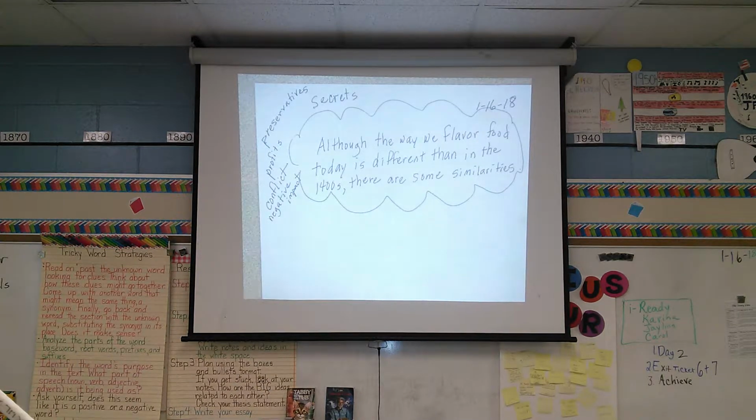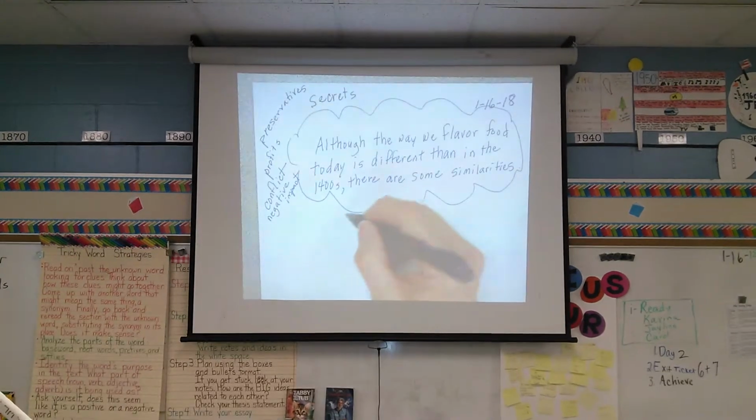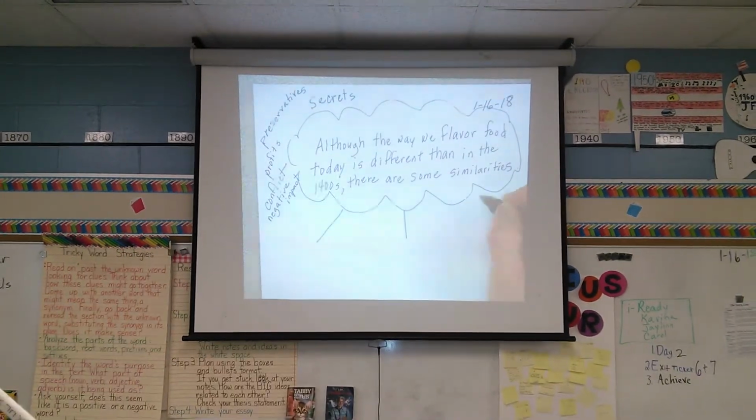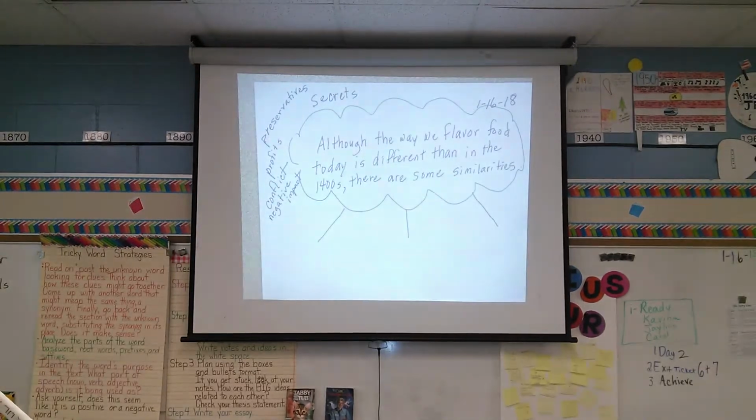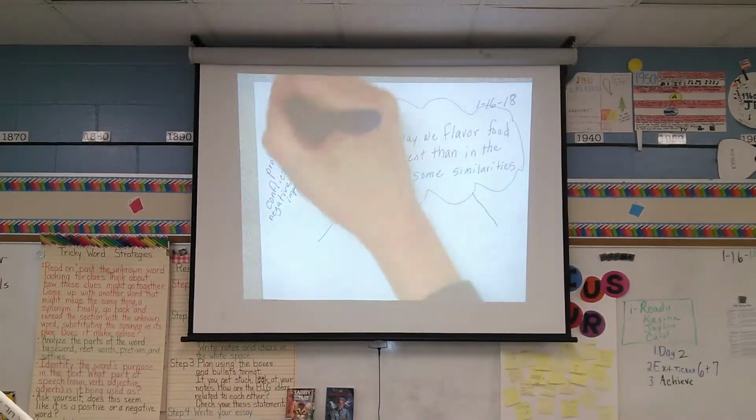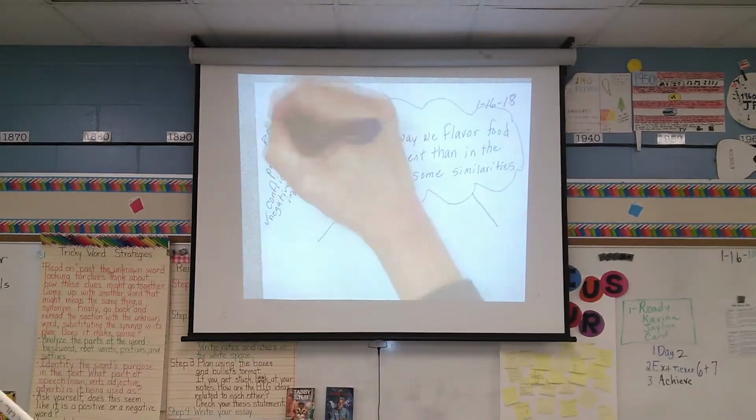All right, so we've come up with 4 different ways in which these 2 articles are similar, so they can become our boxes. We're going to choose 3. So go ahead really quickly and put a check mark next to the ones that you want to choose.